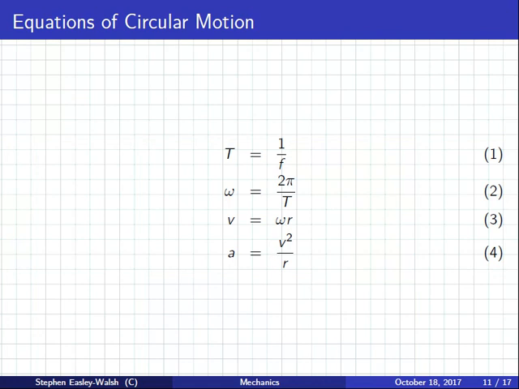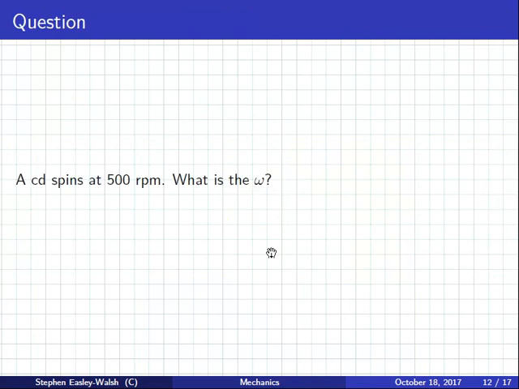Right, let's have a look at some examples now of using these formulas. A CD, which you might remember if you talk to your parents. You know CD? Yeah, okay, good. It spins at 500 RPM. Does anyone know RPM? Rotations per minute.